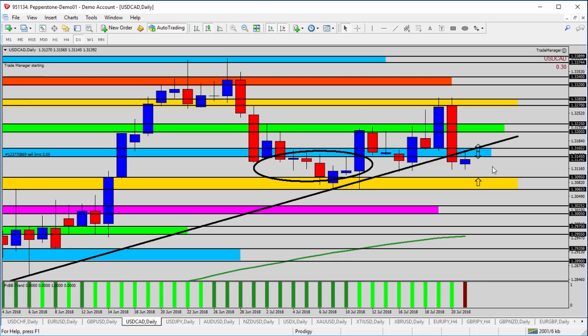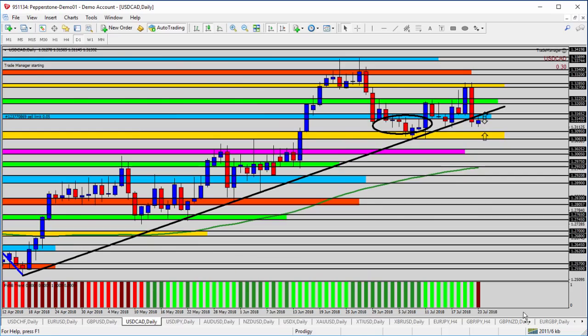So that gives us an opportunity today to look for a short or sell underneath 1.314565. An interesting side note here, Forex Black Book, the trend bar that you see at the very bottom of my chart, has turned from green to red today. So what that gives us higher confidence in is that maybe the momentum is shifting from bullish to bearish once again here for the USDCAD.